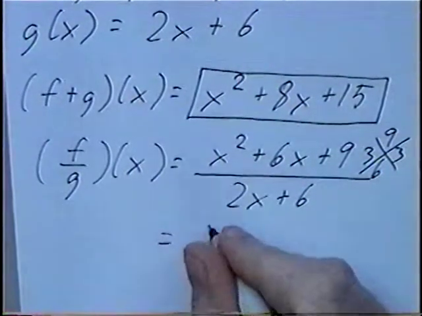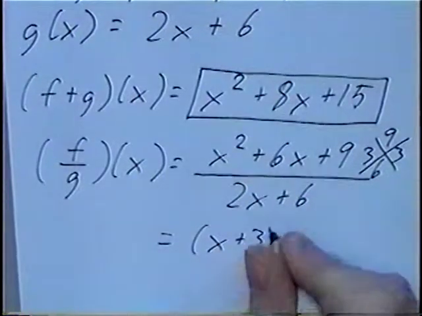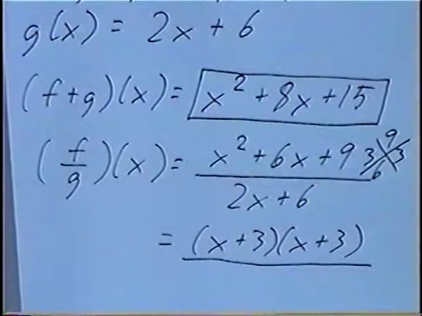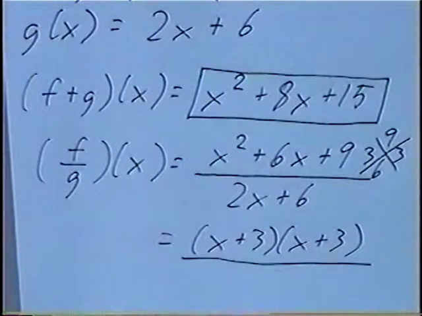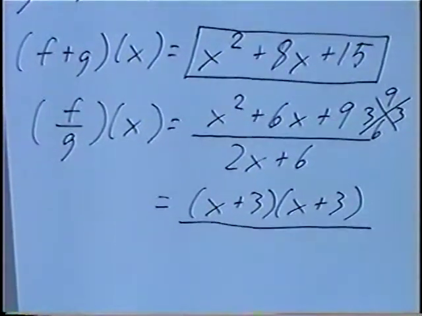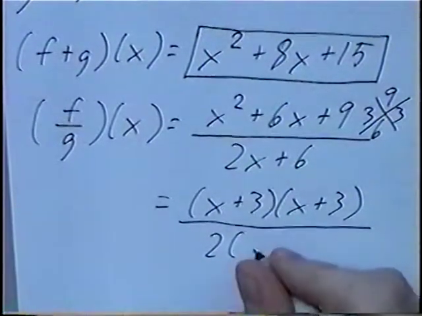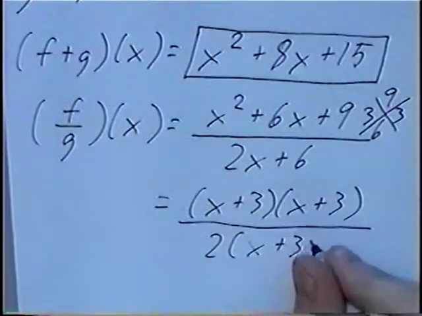So the numerator will factor to x plus 3 and x plus 3. The denominator, 2x plus 6, we can take out a common factor of 2, and dividing by 2, we're left with x plus 3.